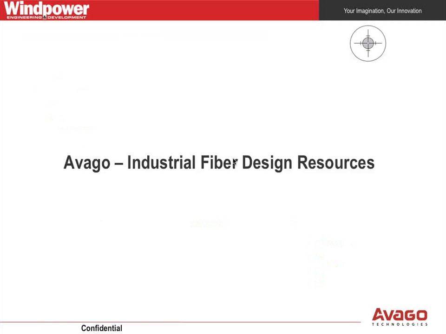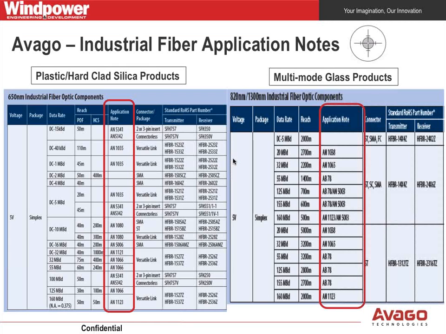So what design resources do we have? We offer application notes. This is from our selection guide, which is a very short and to the point selection guide for the industrial fiber products. On the left, as you can see, is our plastic or hard-clad silica products.